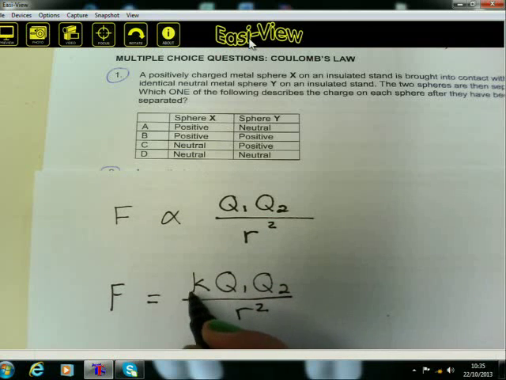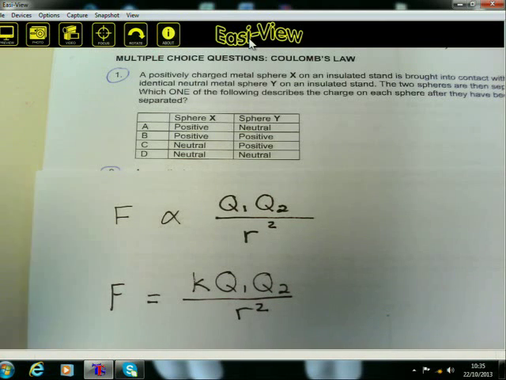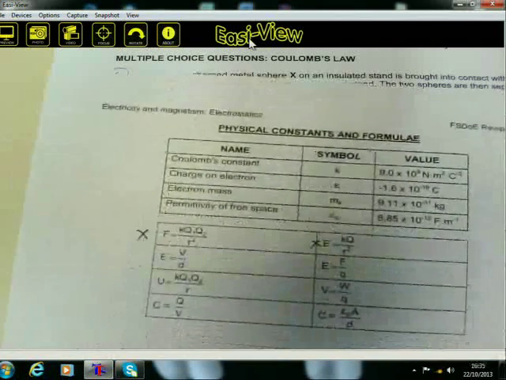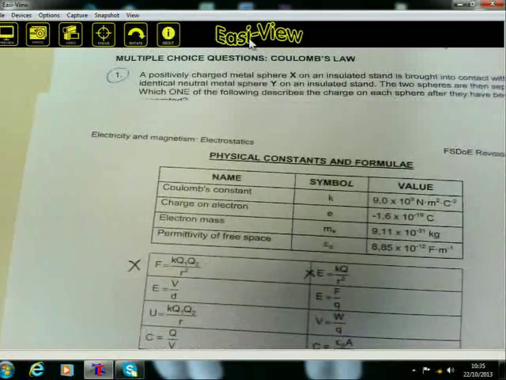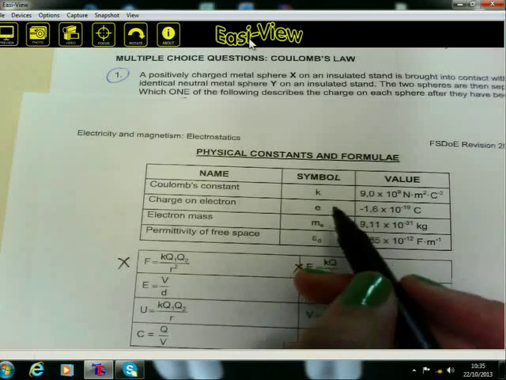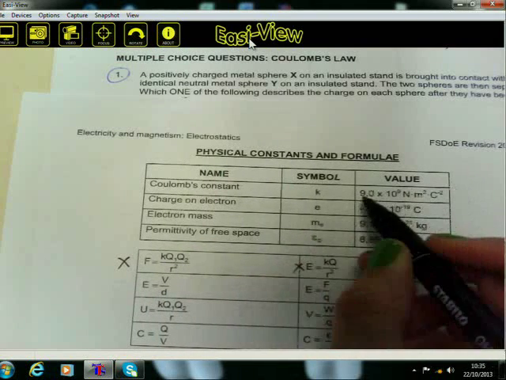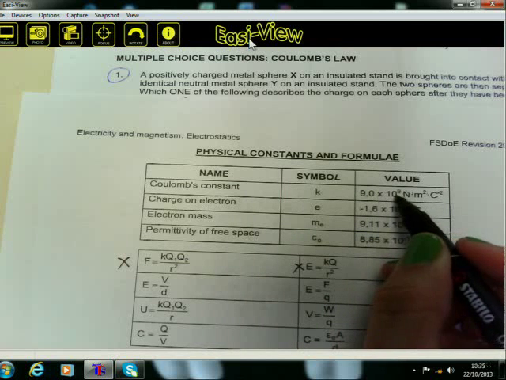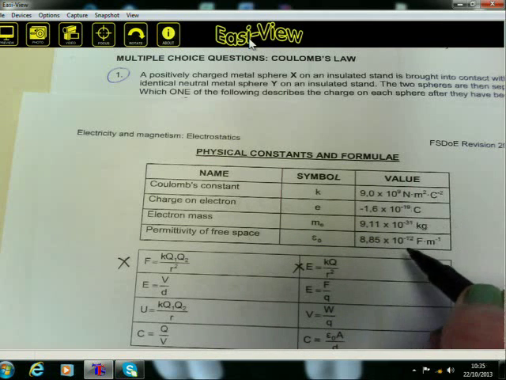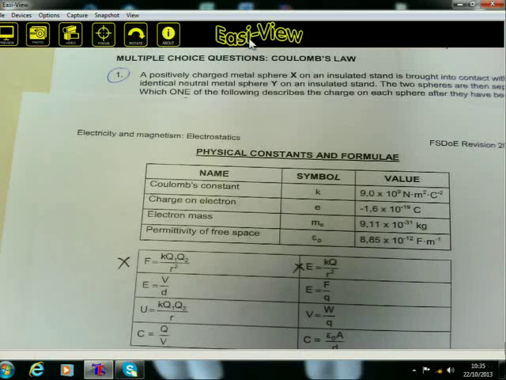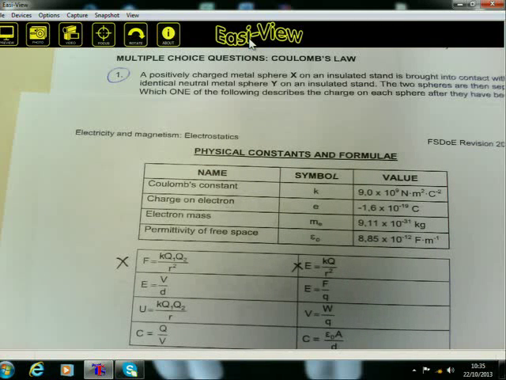This constant was calculated for you by Mr. Coulomb, and it is also found on the information sheet. Coulomb's constant is 9,0 times 10 to the power 9 Newton meter squared per Coulomb squared. So please look at the information sheet when you need that constant.